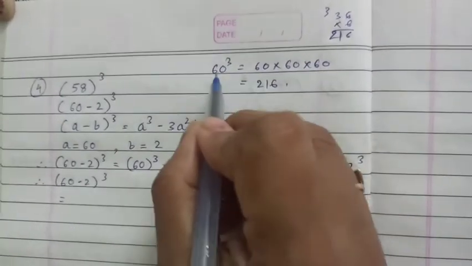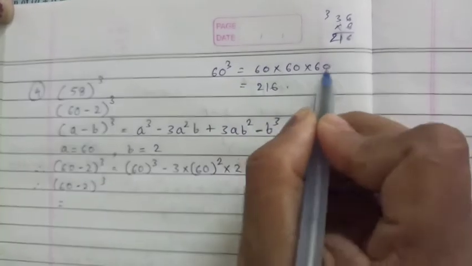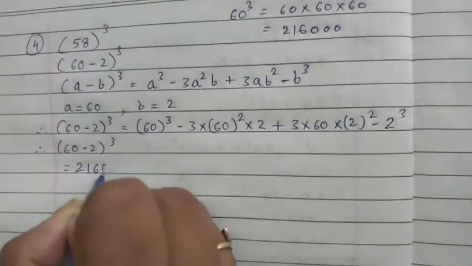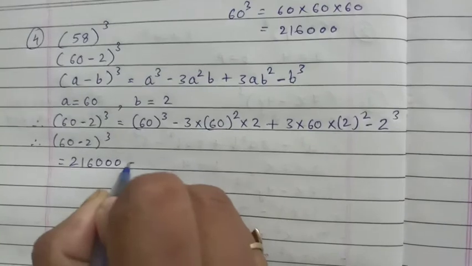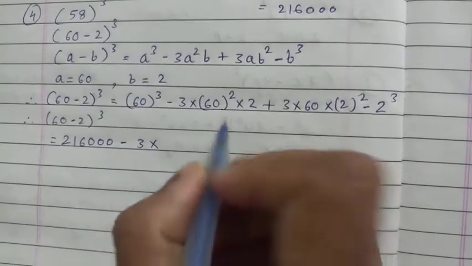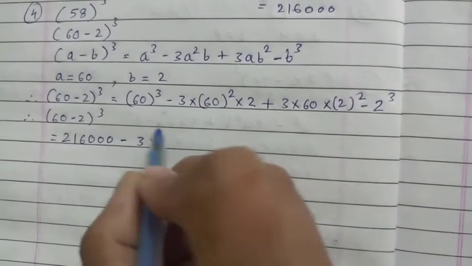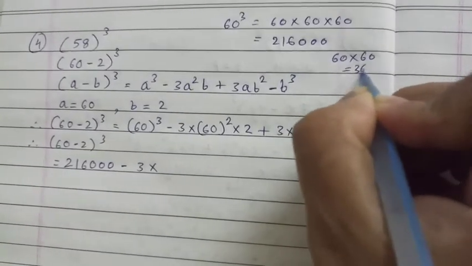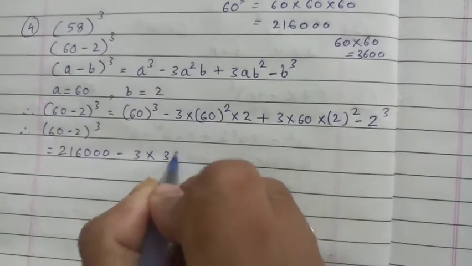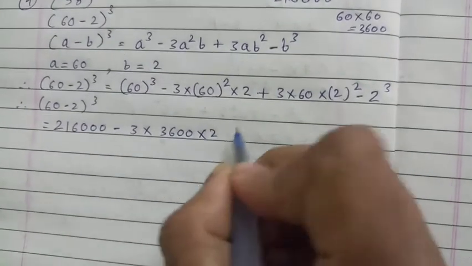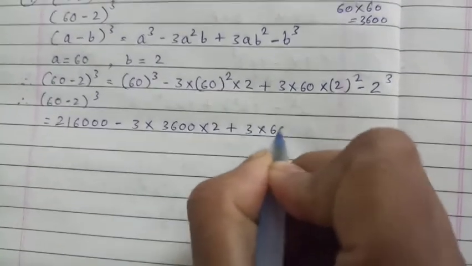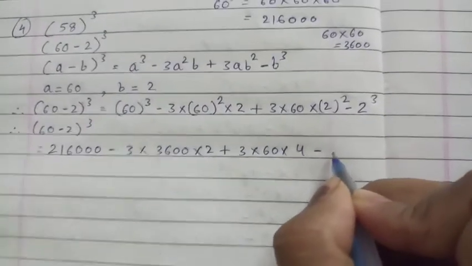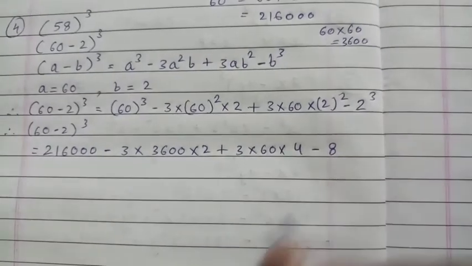So 6 cube is 216 and 3 zeros, 1 2 3. So we have 216000 minus 3 into 60 square, that is 60 into 60, equal to 3600, into 2, plus 3 into 60 into 2 square, which is 4, minus 2 cube, which is 8.